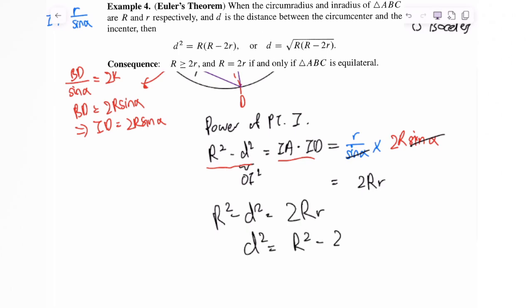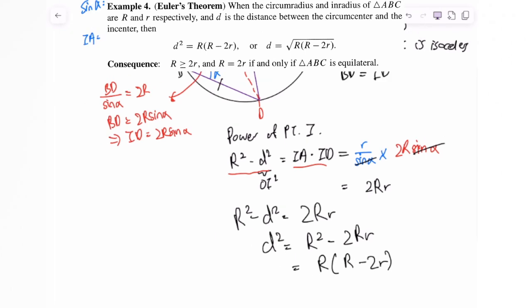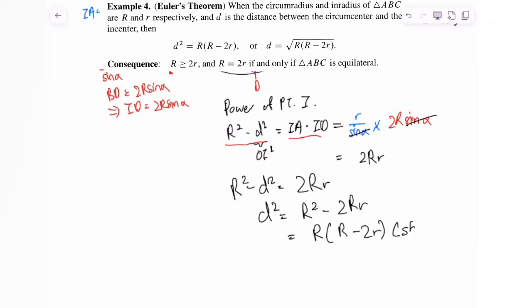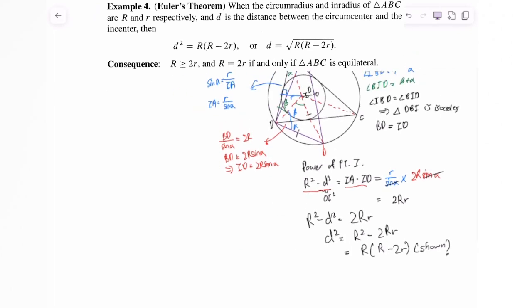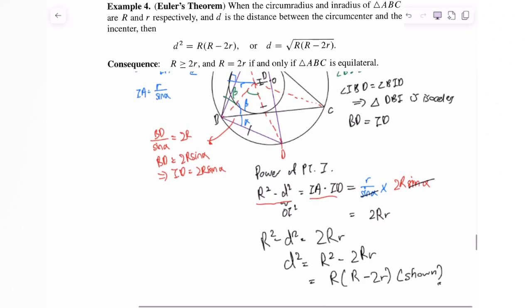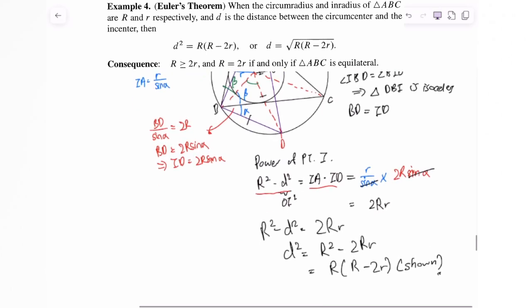R squared minus 2 big R small r. You factorize out R, you get R times R minus 2 small r. And this is shown, since we got the exact form that Euler's theorem wanted. And yeah, that's all for this question. So that's about it. Thank you.